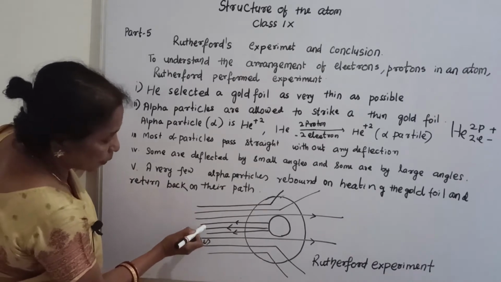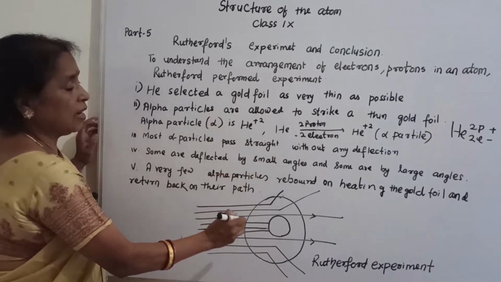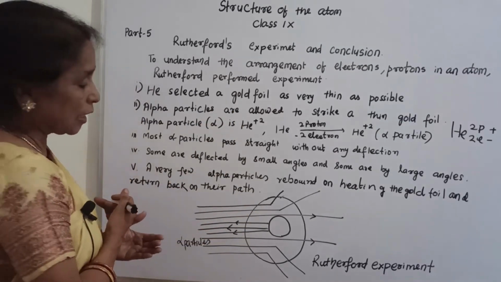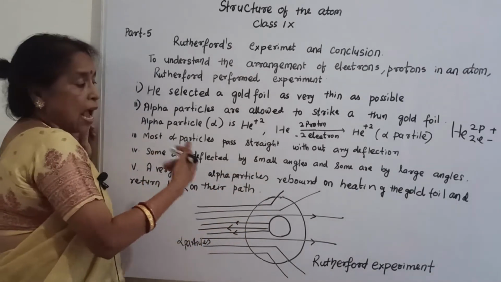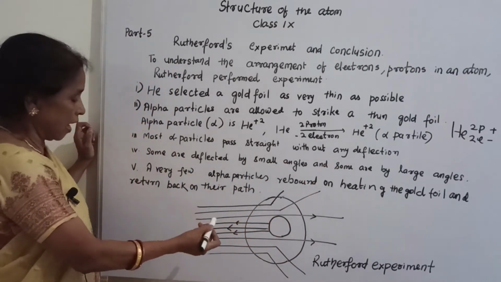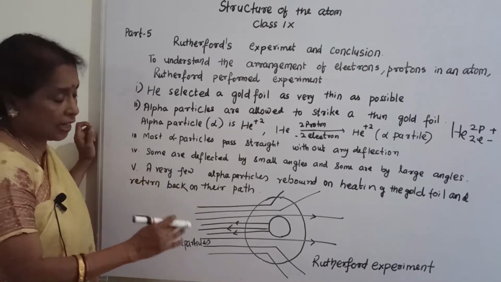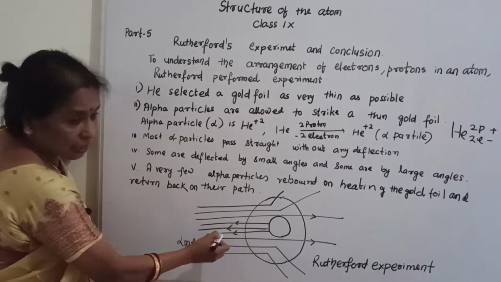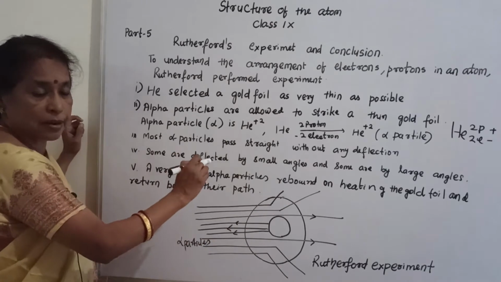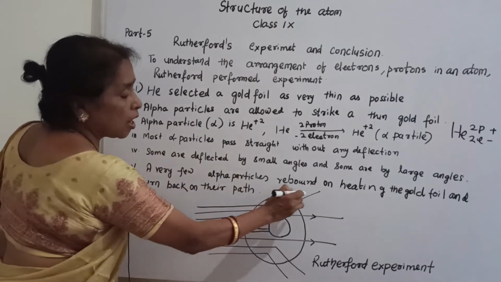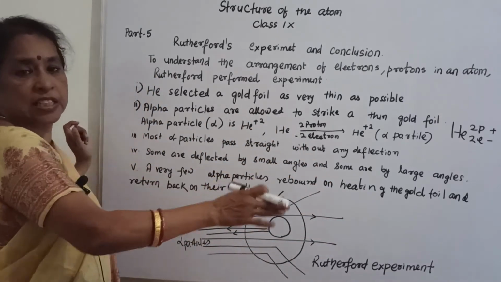See here, only a very few particles rebound from the gold foil and come back on the same original path, that means 180 degrees. Some particles return back along the original path, some are deflected by a small angle, some by a large angle, and some with no deflection go in a straight line.